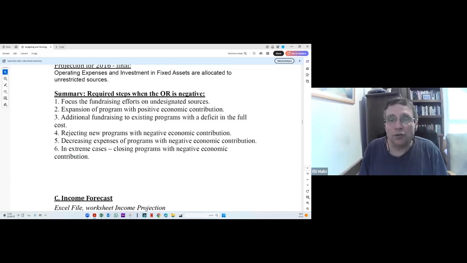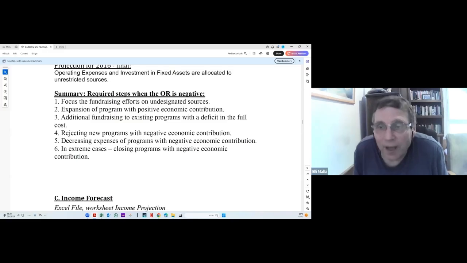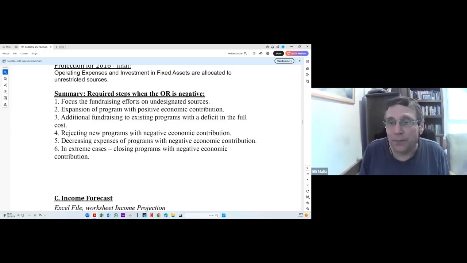But in a social organization, we want to expand. Now, financial strategy is aimed at financial stability. In order to have financial stability, we need to have an adequate level of both financial assets and operating reserve, which is the most important measure.